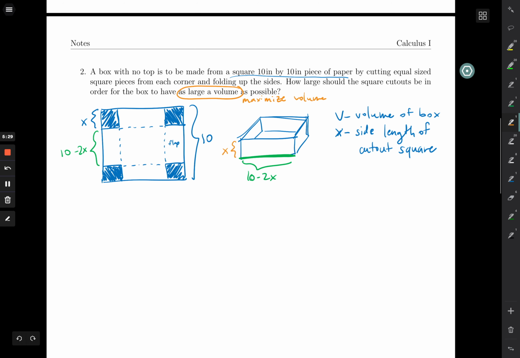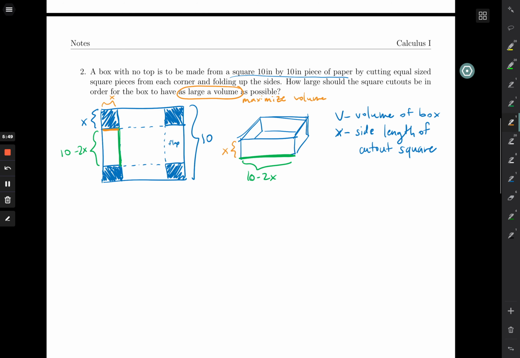This part is actually going to have length x. So if this is the length in green, the other height of the flap is going to be x, which we can see is this distance right here.